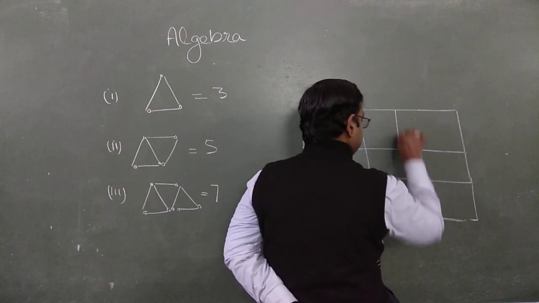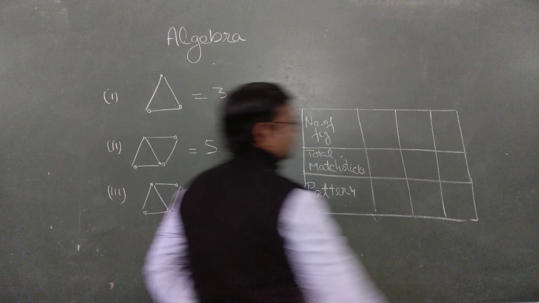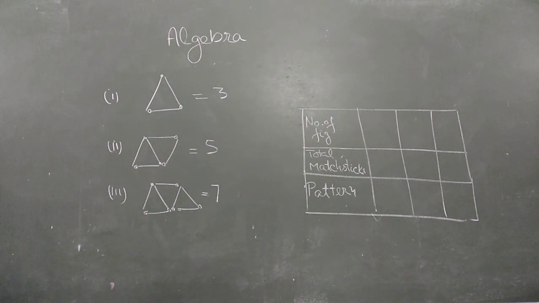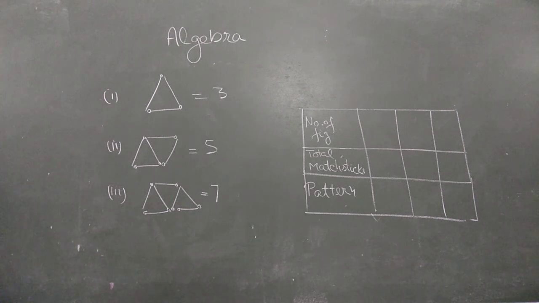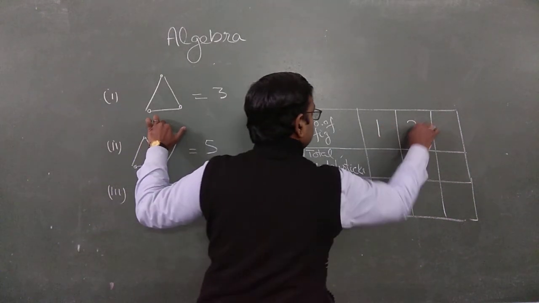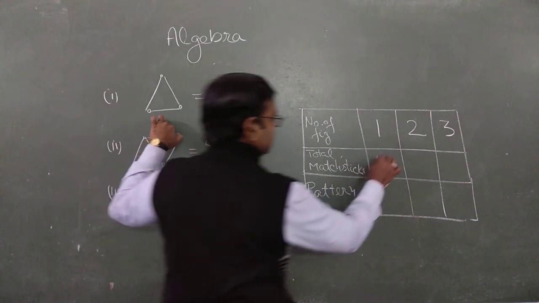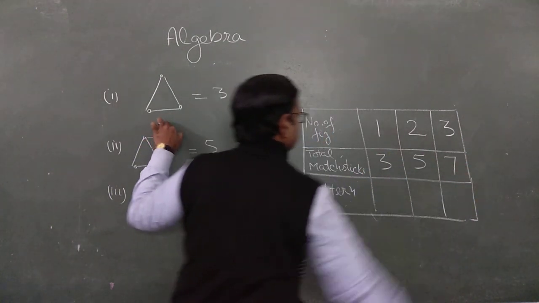Clear? There are 3 figures. Though my box is small, you have to draw a little bit broader boxes. So in the first figure, the number of matchsticks is 3. In the second figure, 5. In the third figure, 7.